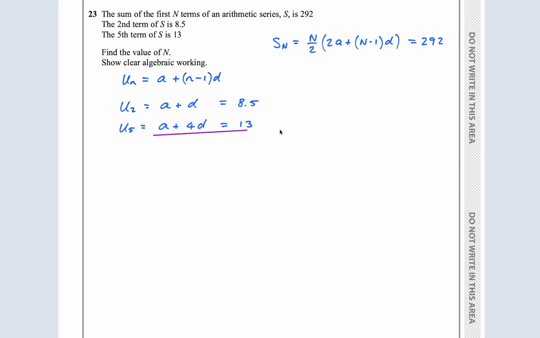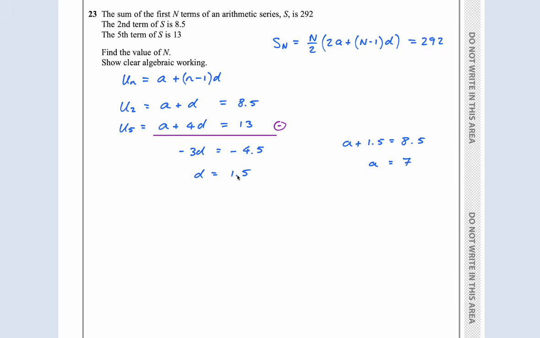A minus a is 0, that disappears. d minus 4d is minus 3d, and 8.5 minus 13 is minus 4.5, which means d is minus 4.5 divided by minus 3, which is 1.5. You can use your calculator. If d is 1.5, then a plus 1.5 has to equal 8.5, and a is equal to 7.